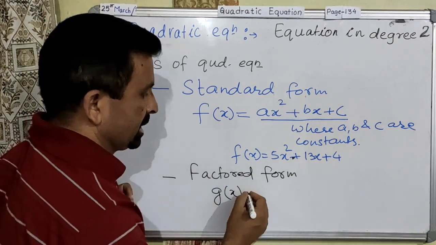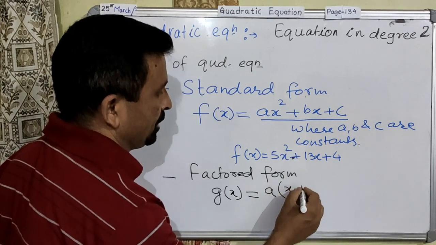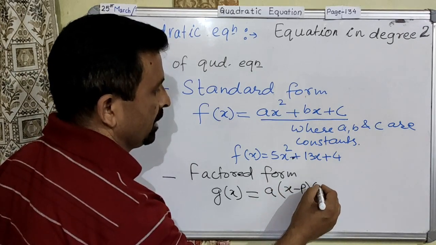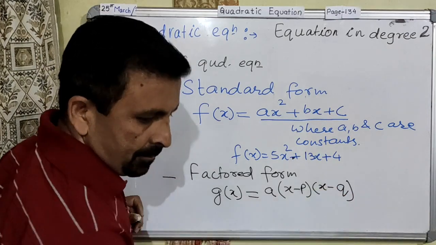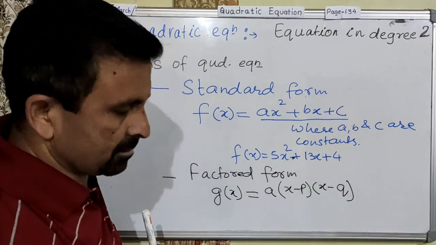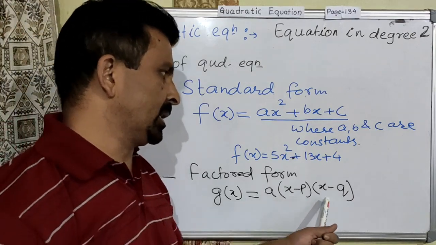It is equal to a into (x minus p) into (x minus q). This is the factored form of quadratic equation.